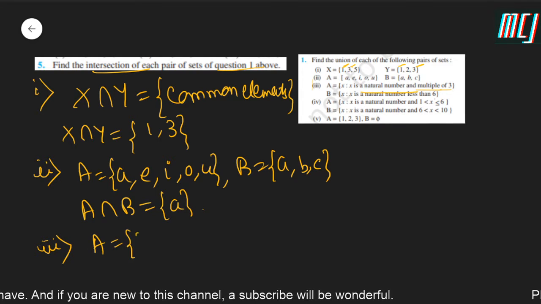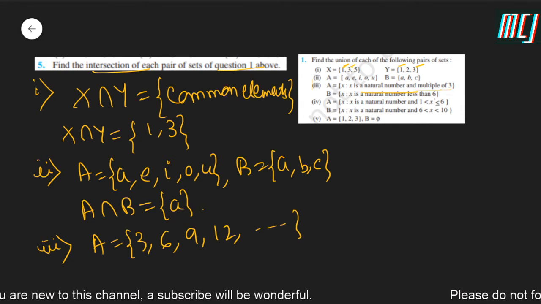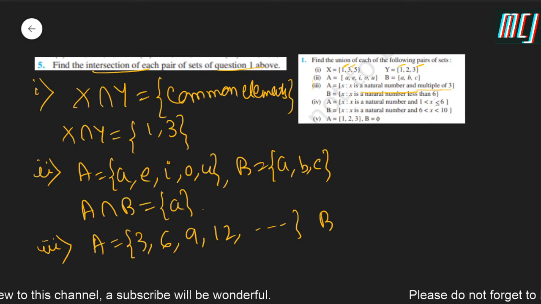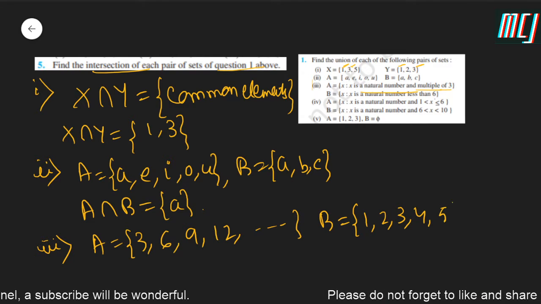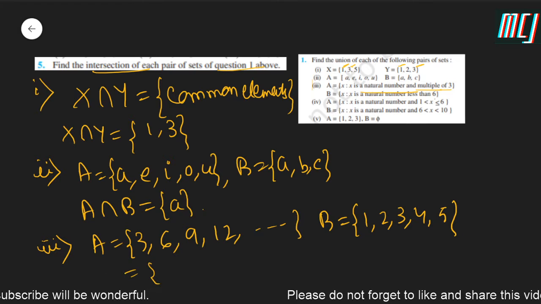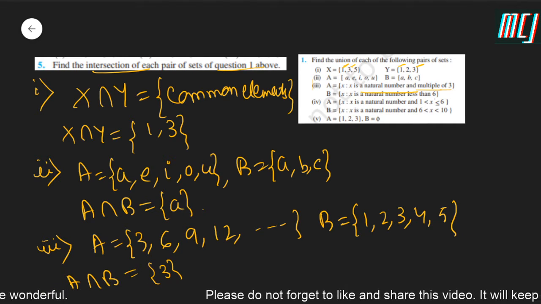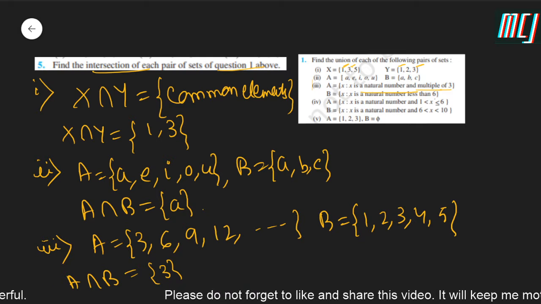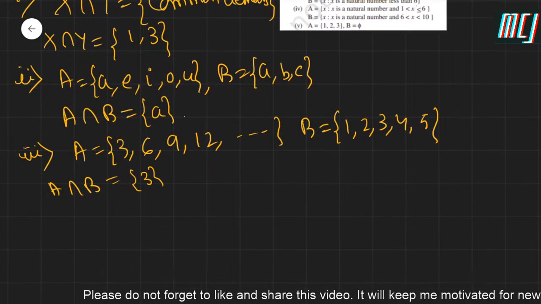So A is equal to 3, 6, 9, 12 and so on. And here B equals 1, 2, 3, 4, 5. So what are the common elements? Only 3. A intersection B is equal to 3. Okay. So we'll see the fourth one.